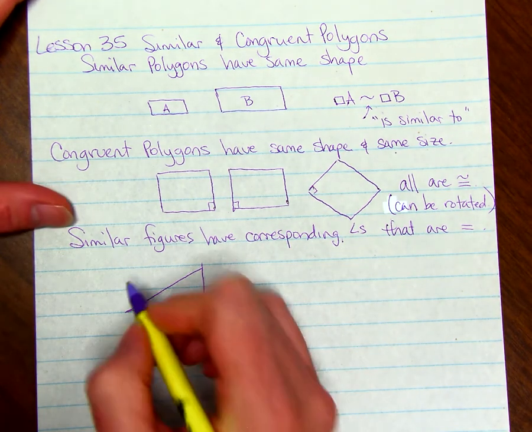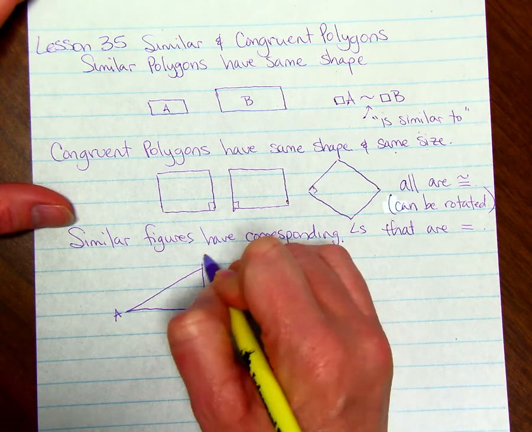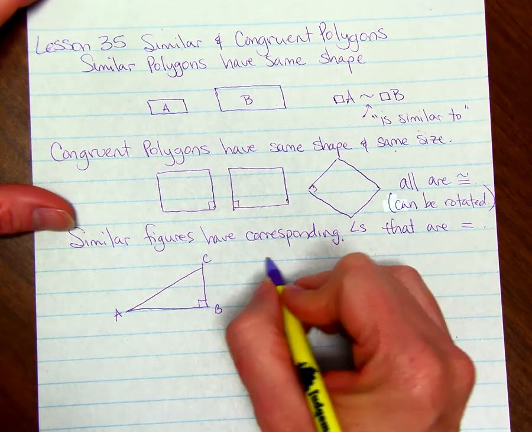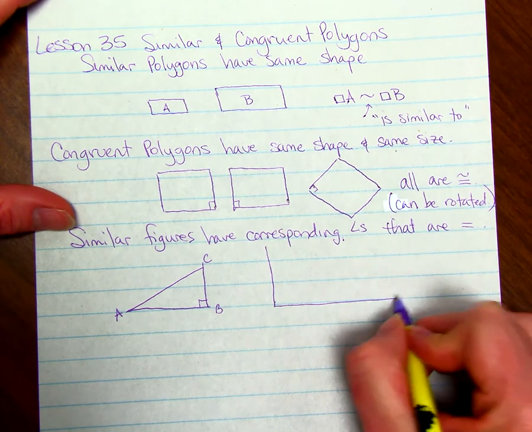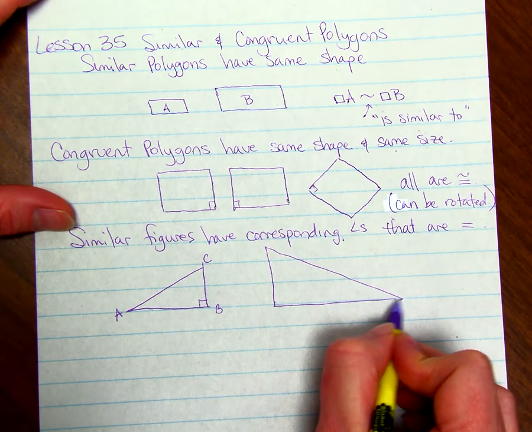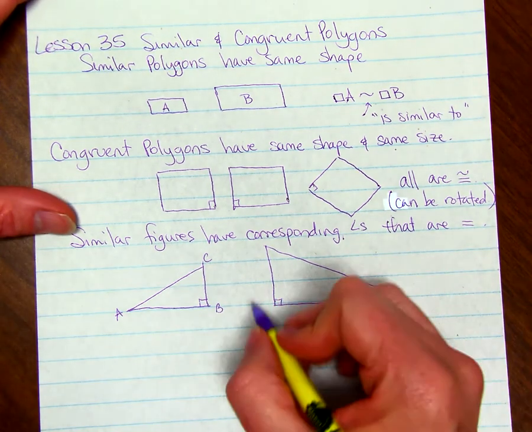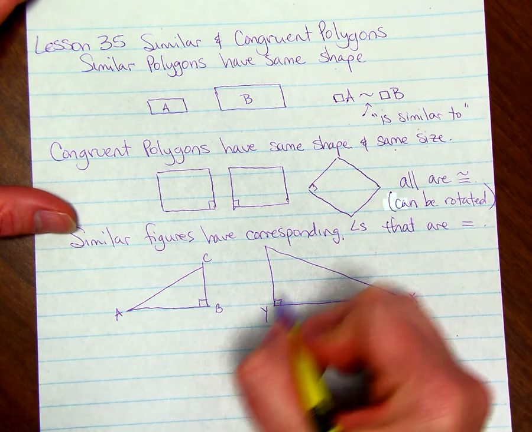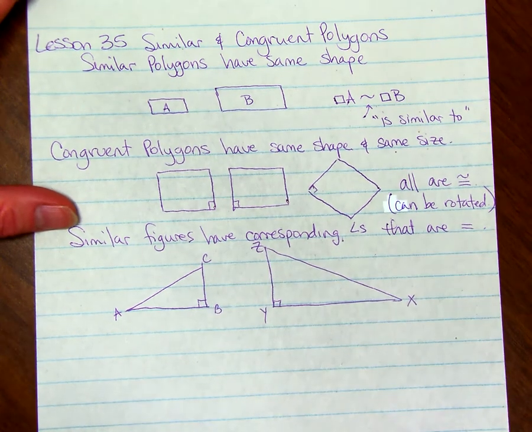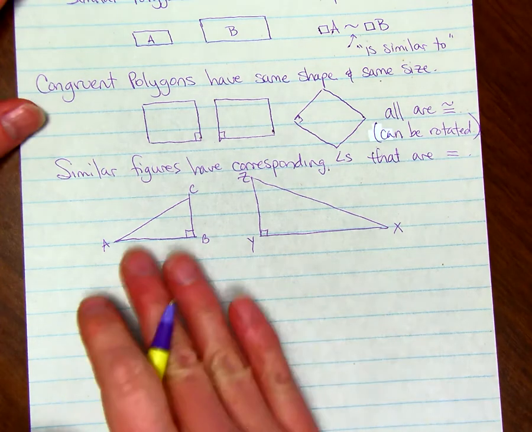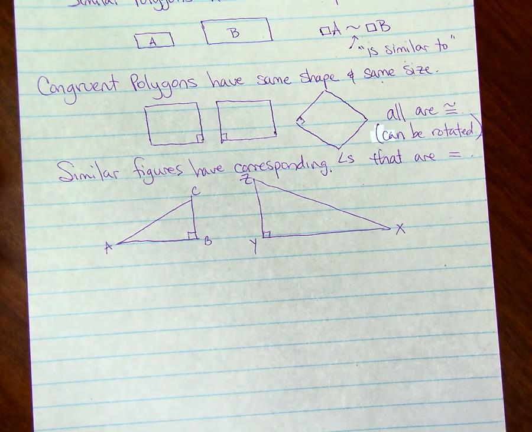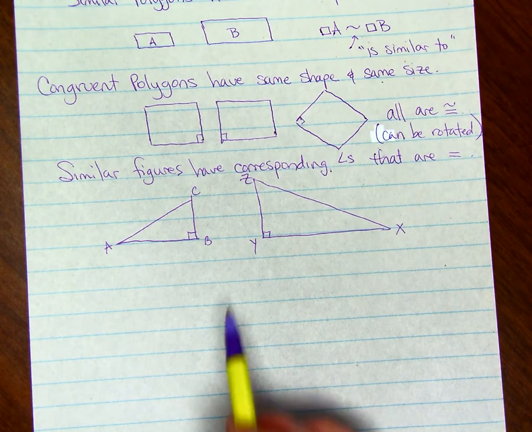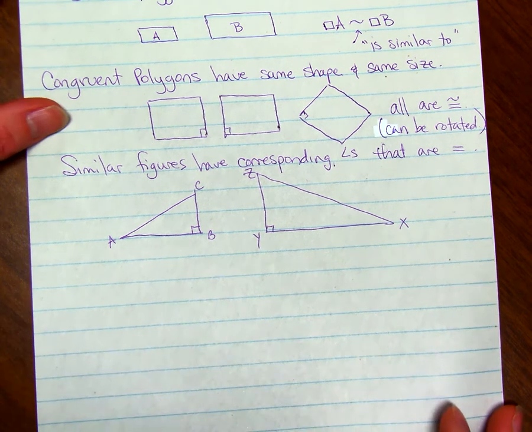Okay, so we'll call this one A, B, C, and we'll call this one X, Y, Z. Now, if you notice, they're just similar. They're the same shape. The sides are proportional.